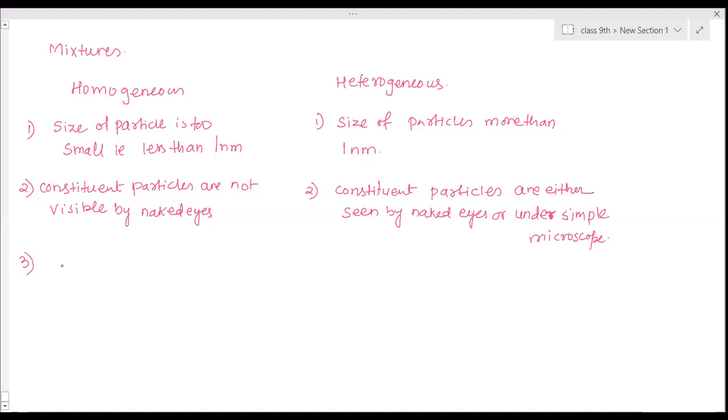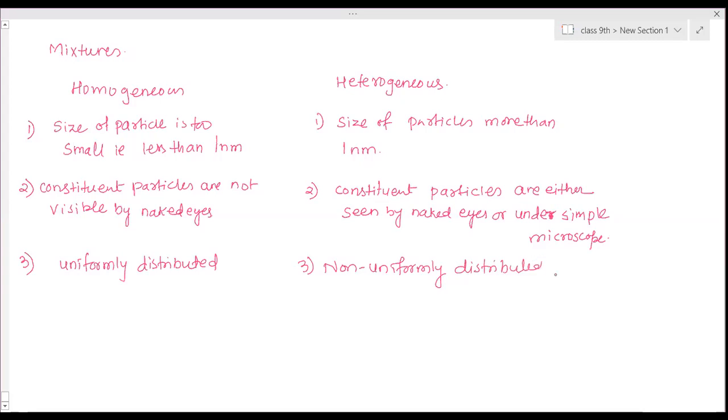Third one, what you told, Sushila? Substances are uniformly distributed. And here, unevenly distributed, non-uniformly distributed.